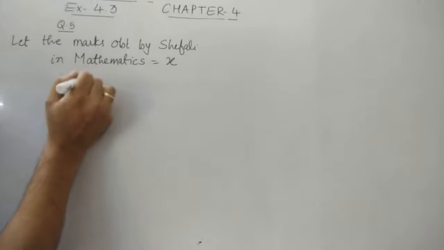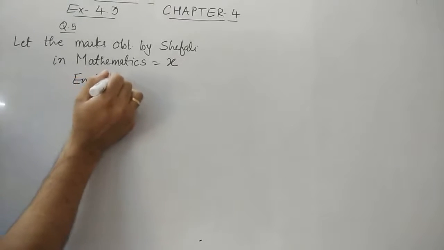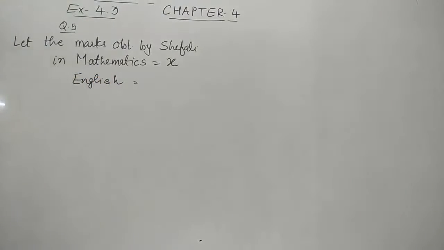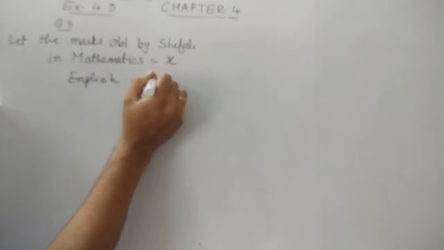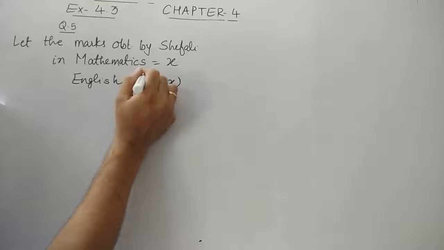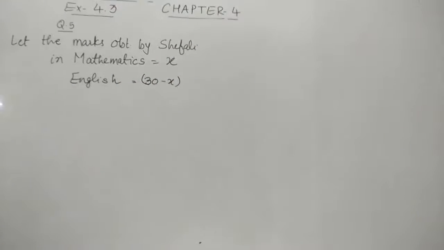Another subject is English. So look at how many marks she got in English. The total is given as 30. So she must have obtained 30 minus x. Marks has no unit, so I have not written it.